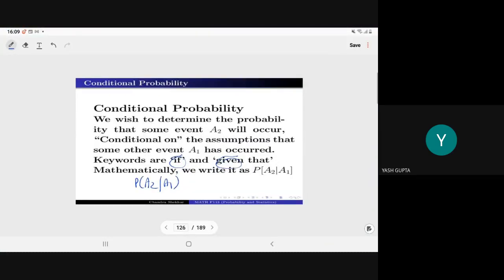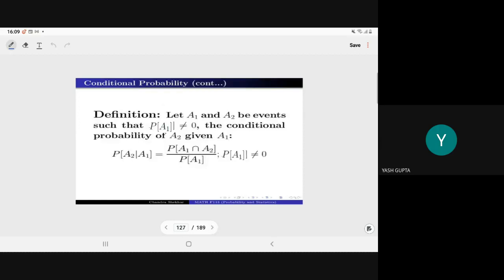Mathematically, this can be written as a definition. Let A1, A2 be events such that probability of A1 is not equal to 0. The conditional probability of A2 given A1 is equal to probability of A1 intersection A2 divided by probability of A1.